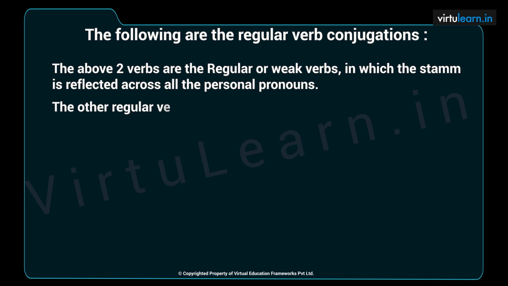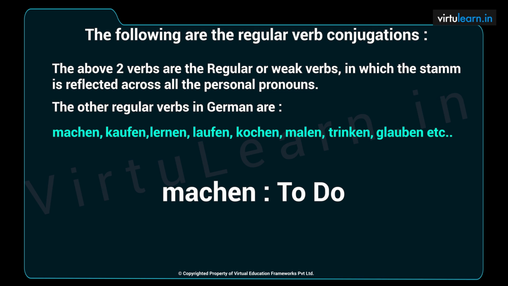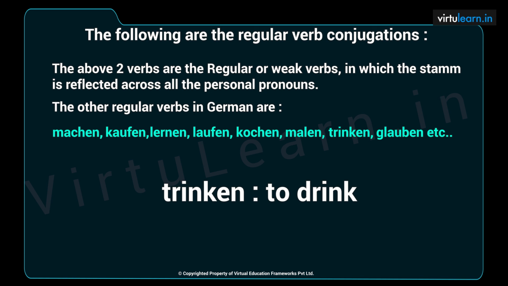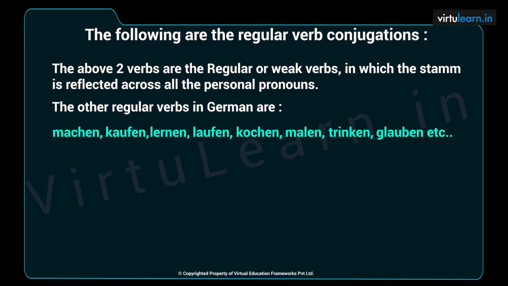The other regular verbs in German, to name a few: machen, kaufen, lernen, laufen, kochen, malen, trinken, glauben, etc. Machen means to do, kaufen means to buy, lernen means to learn, laufen is to run, kochen is to cook, malen is to paint, trinken is to drink, glauben is to think.